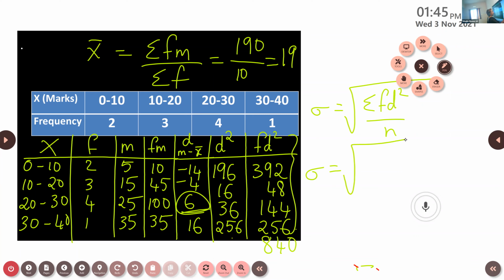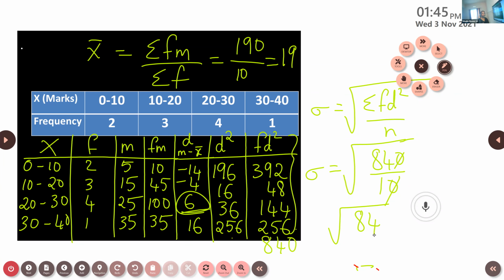So 840 divided by what should come? What is N? 10. Okay, so here itself you can cut. You get 84, the square root of 84.